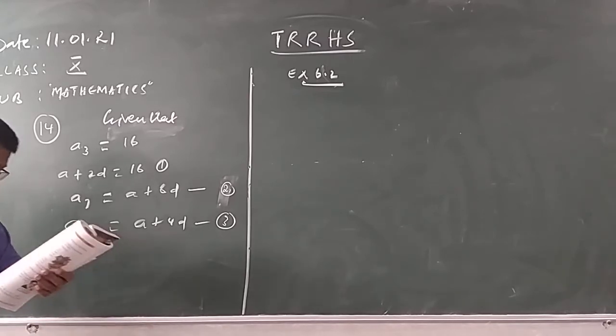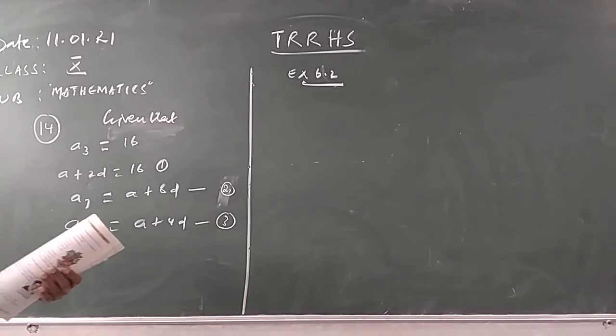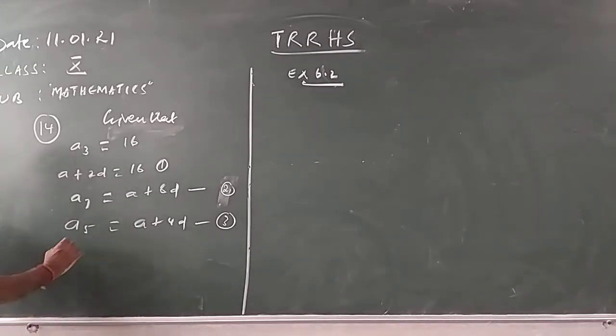Here, determine the AP whose third term is 16 and seventh term exceeds the fifth term by 12.